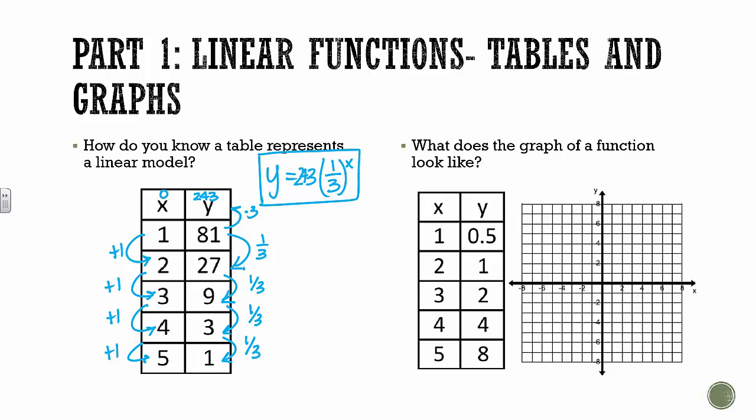And now remember, a graph of this, if we were to go and graph this, just plot all these points on here, it's not going to give us a line. Instead, it's going to give us a curve that's going to start shooting up quicker and quicker. Remember, it has that asymptote, so draw it really close to the x-axis, but not going over it, and then it shoots up very, very quick.